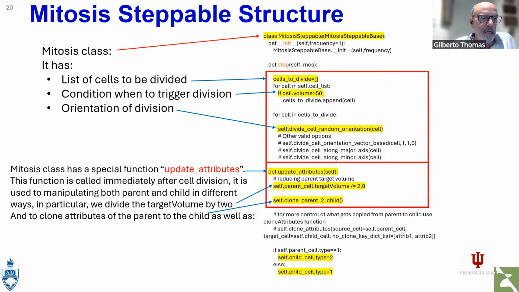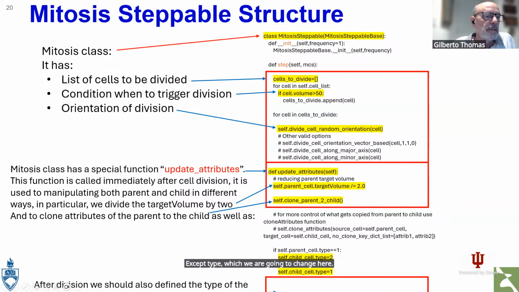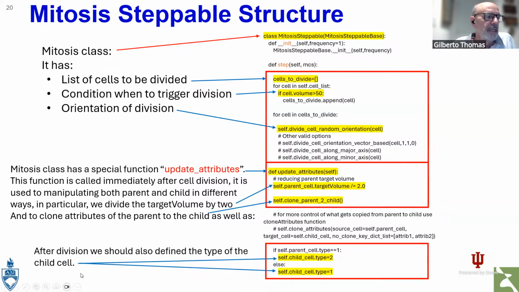Okay? Except type, which we are going to change here. See? After division, we should also define the type of the child cell. Look, in this line here, I'm saying that if the parent cell type is 1, I mean, the cell that was divided is 1, then the child will be a different type.